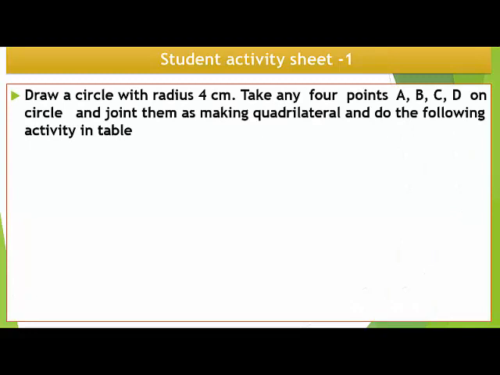Now, some activities for students. Students activity sheet number 1. Draw a circle with radius 4 cm. Take any 4 points A, B, C, D on the circle and join them, making a quadrilateral, and do the following activity in the table.